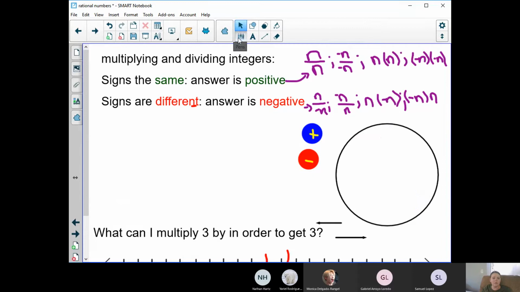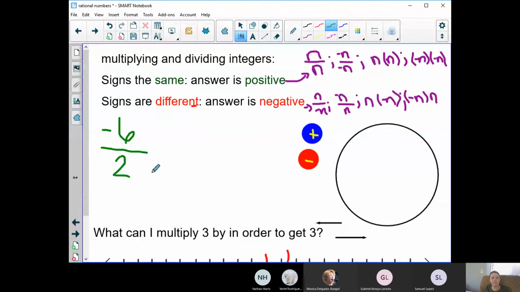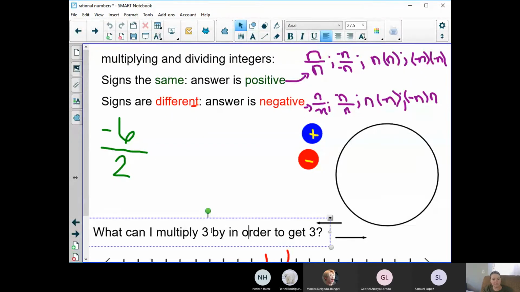Okay. What about, let's do -6 divided by 2. So if we were to write this as a multiplication problem, we are looking at what do I multiply 2 by in order to get -6.